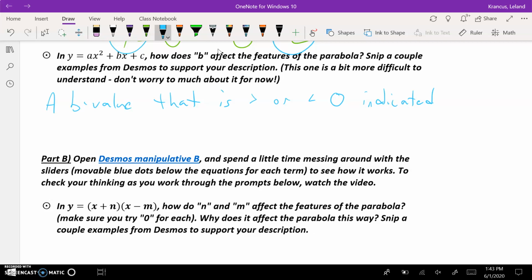It moves it off of the y-axis. The vertex isn't on the y-axis. It is somewhere moved off to the side. So a b value that is not 0 indicates the parabola is not centered on the y-axis. It's horizontally and vertically shifted.